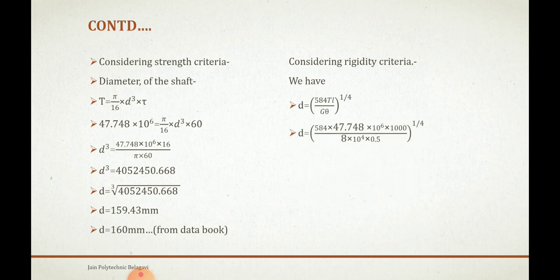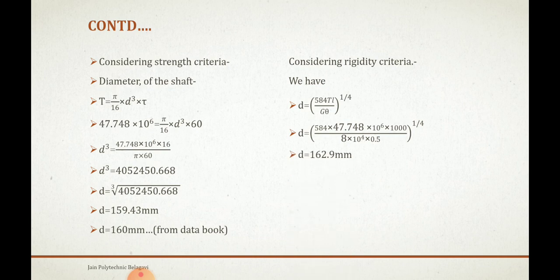Substitute the values. 584 as it is, that is the constant. T is the T max we already calculated, that is 47.748 into 10 raised to 6. L is the length of the shaft, that is 1 meter as given. G is the modulus of rigidity, and theta is the angle of twist. All raised to 1 by 4.